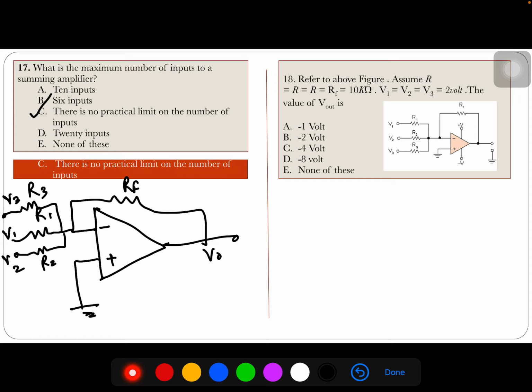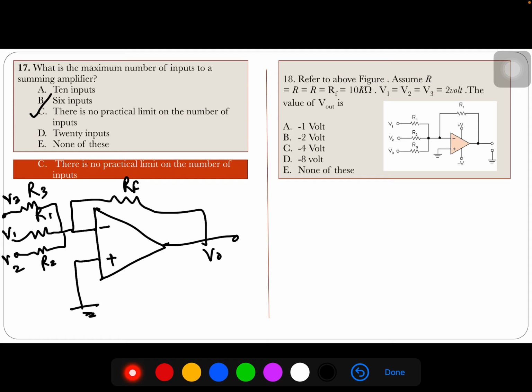Next question. Circuit has been given to you and you are asked to refer it, and some values R1, R2, R3 and RF all are same, that is 10 kilo ohm. V1, V2 and V3 are also same, 2 volt.